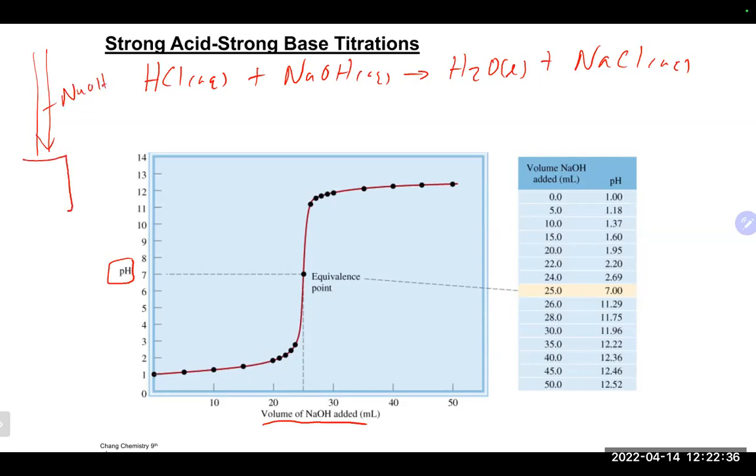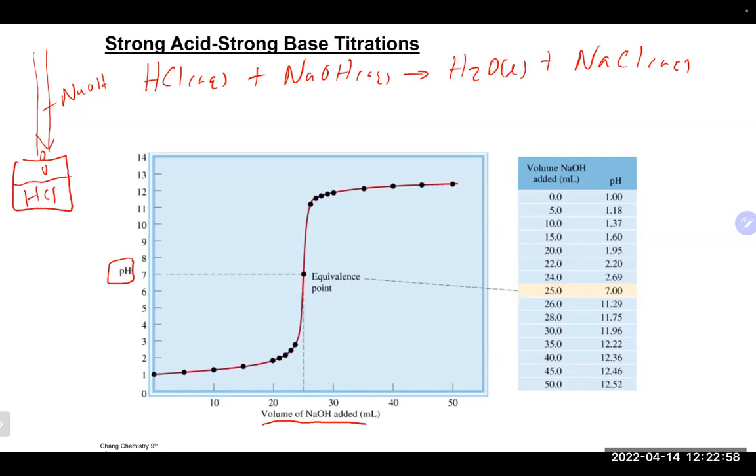In our beaker, we would have our hydrochloric acid, and we are adding sodium hydroxide to the acid in the beaker. That's why on the X we have the volume of sodium hydroxide that we're adding. This is a typical titration curve, which people sometimes refer to as an S curve.